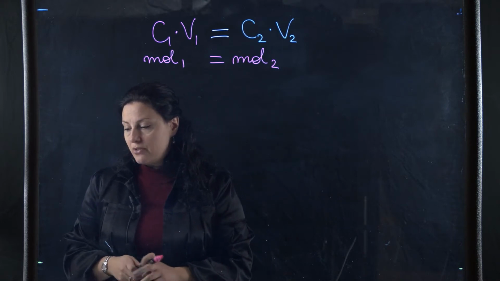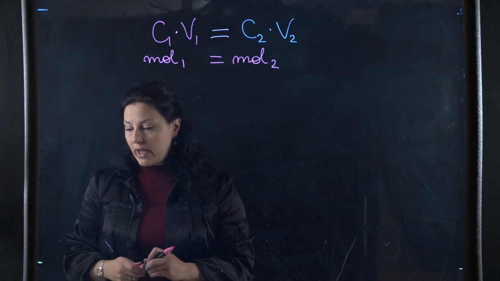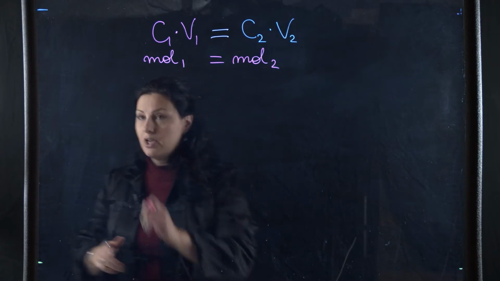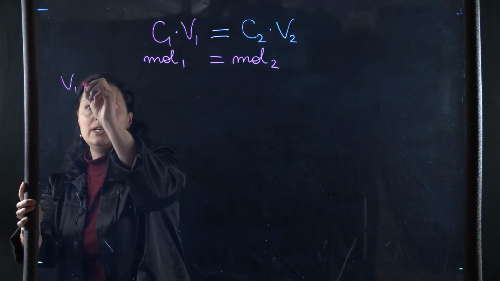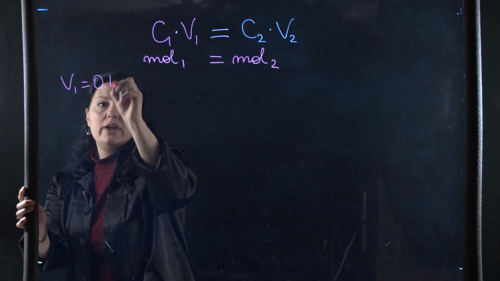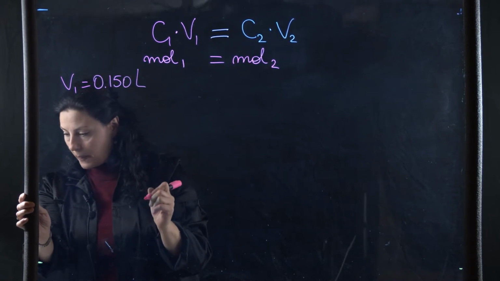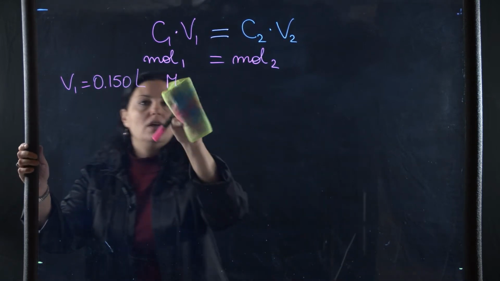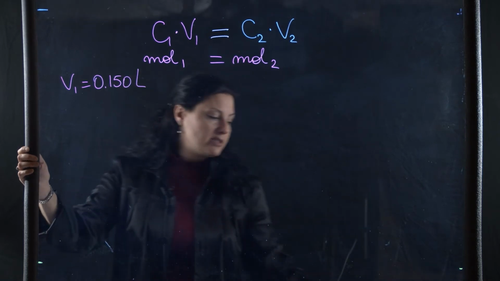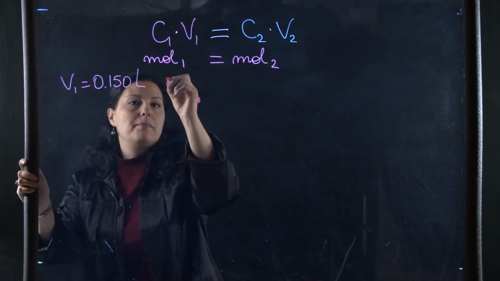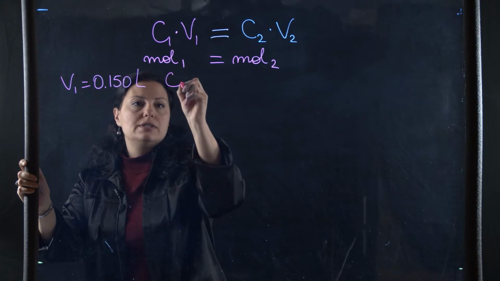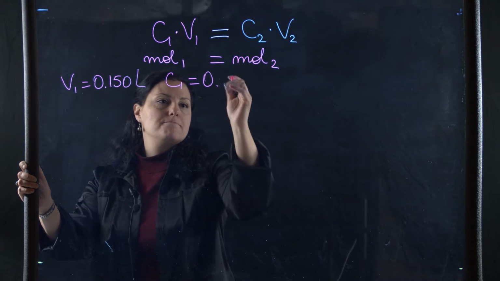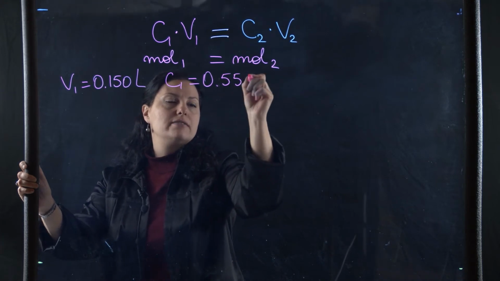What is the concentration of the NaCl solution that results when 0.15 liters of a 0.556 molar solution is allowed to evaporate until the volume is reduced? So I have V1 is 0.15 liters, and I have M1 or C1, either or, but some textbooks have C and some textbooks have M. So C1 is equal to 0.556 molar.